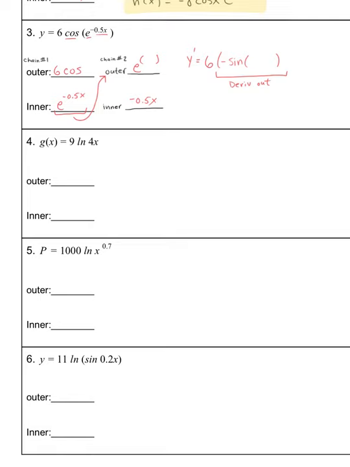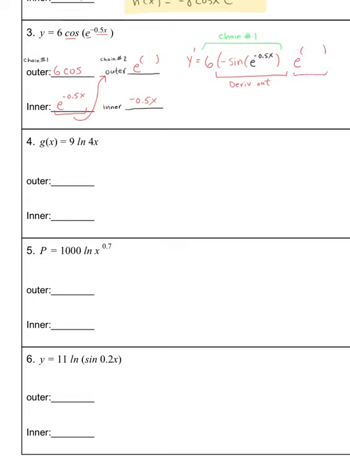So inside there is e to the negative 0.5x. So that is my first chain right there. Okay, that's my first 2 steps. At this point, after I do my first 2 steps, I start over and I go to the second chain. So right here, the derivative of the outer, the derivative of e to something is e to something.